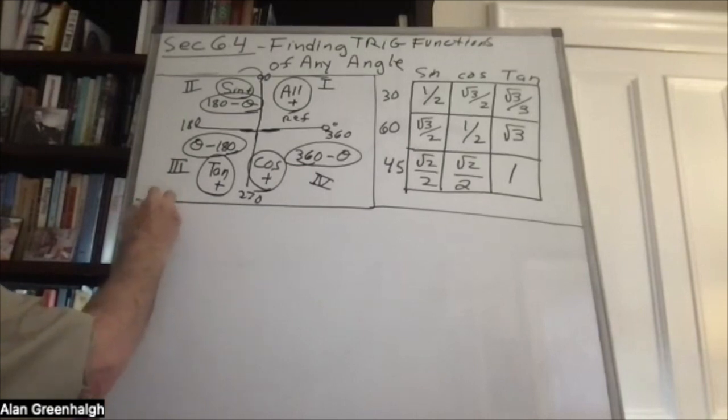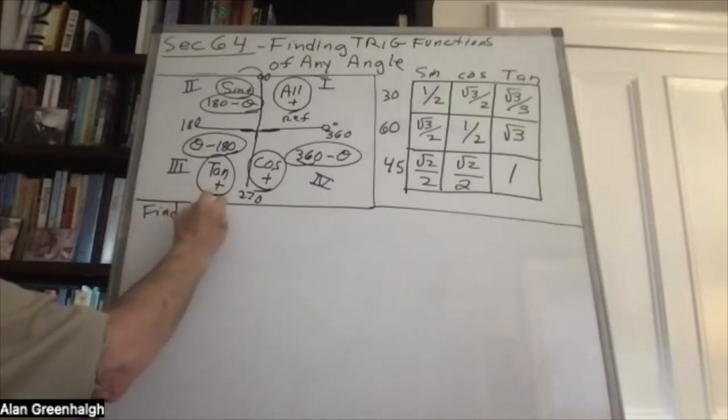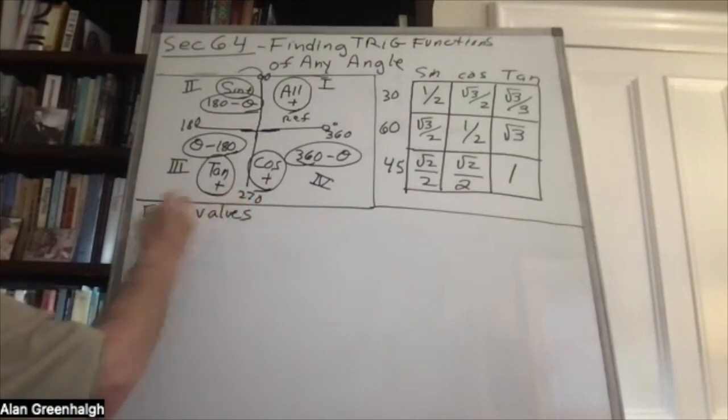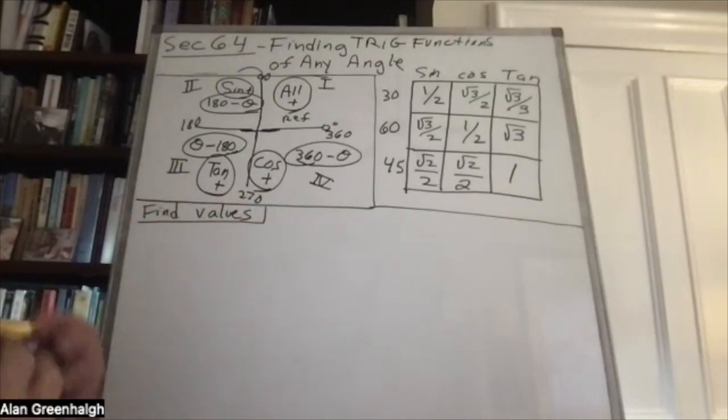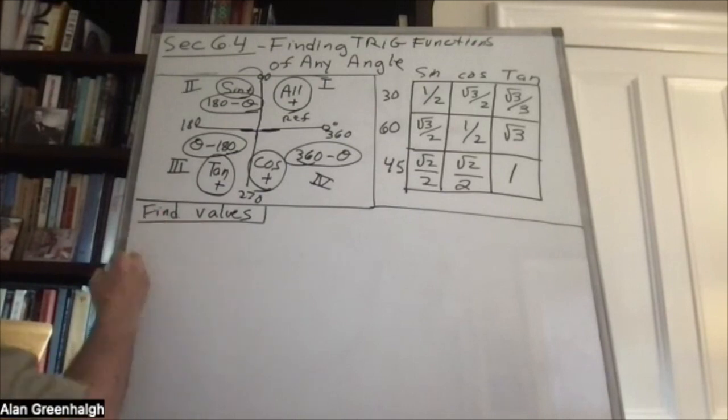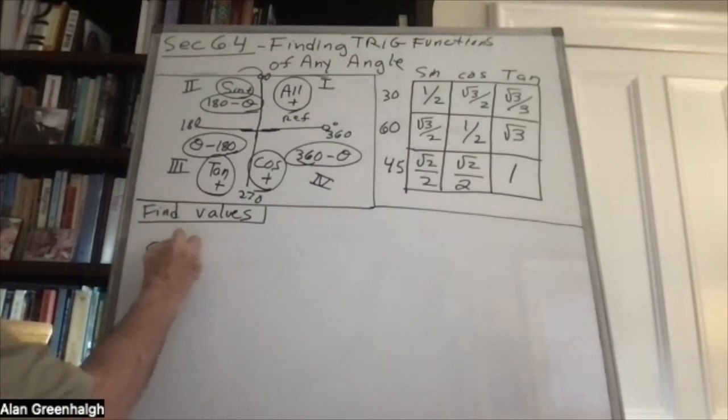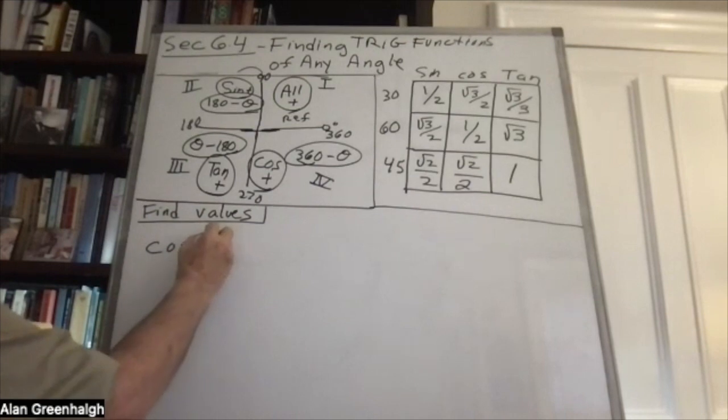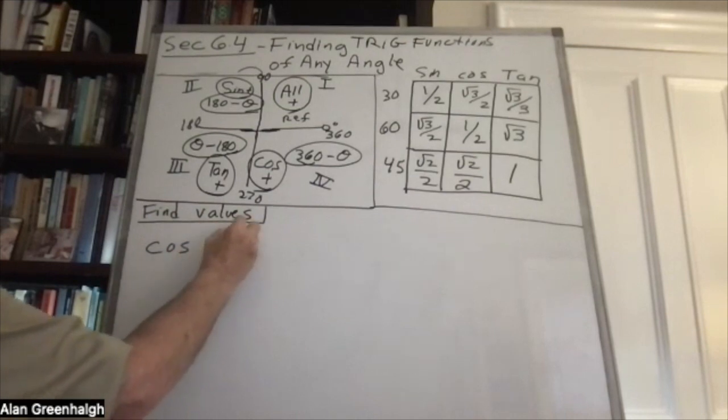Okay? So the first thing I want to ask you to do is find the following values, and I'm going to do a few just to get you into the mode of thinking and understanding of how to do these problems. So for example, the cosine of 150 degrees.